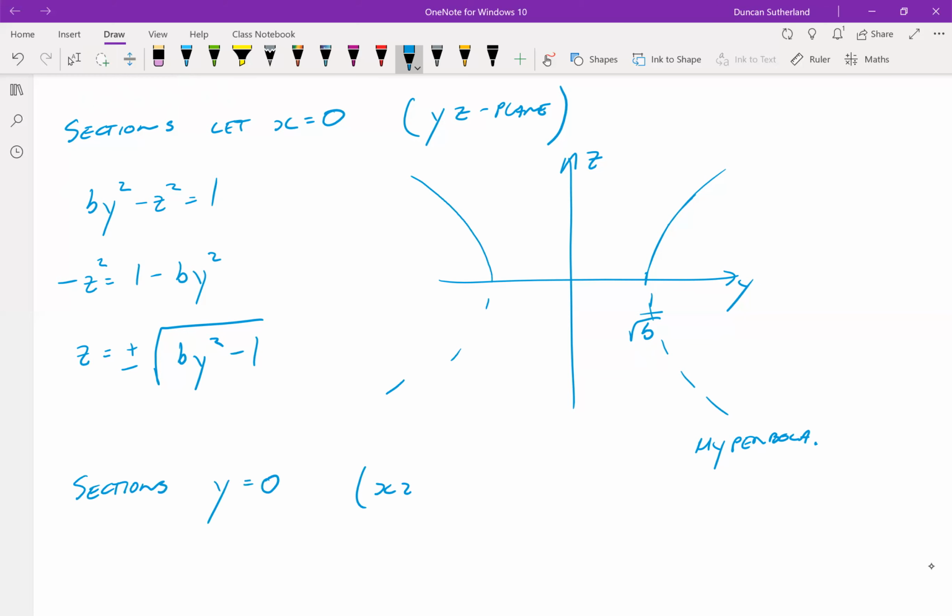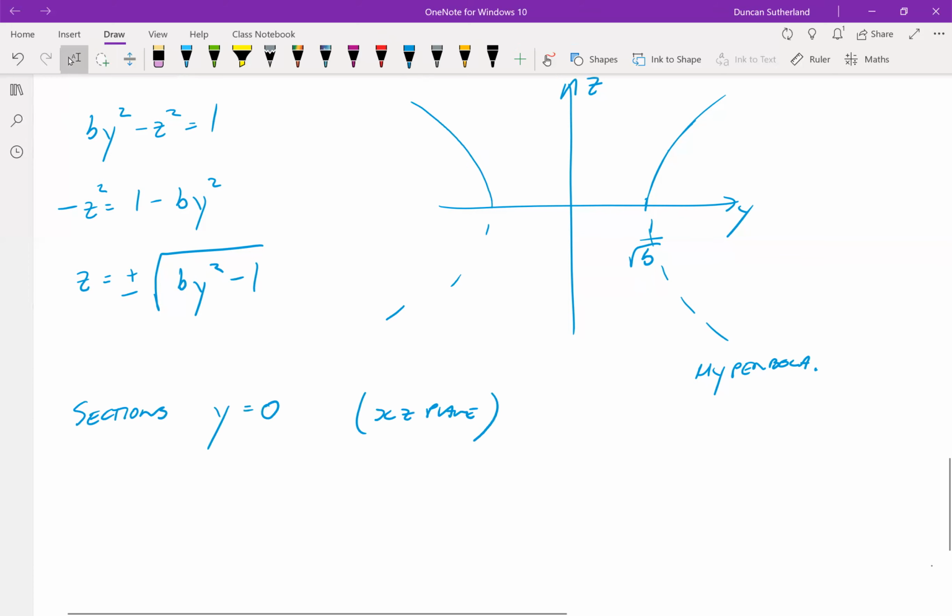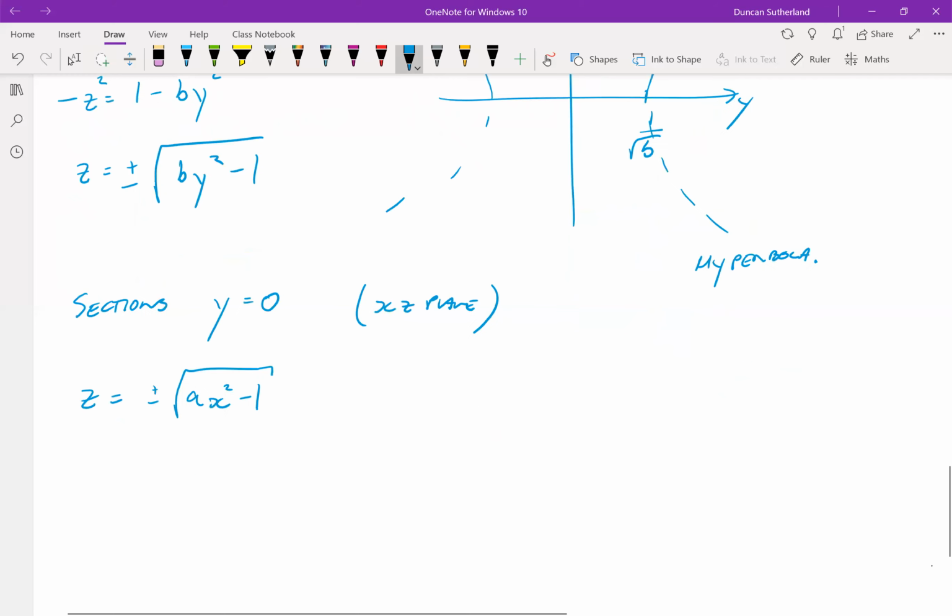If you look in the XZ plane instead, you're going to get z equals plus or minus the square root of ax squared minus 1. So you're just going to get a different hyperbola.